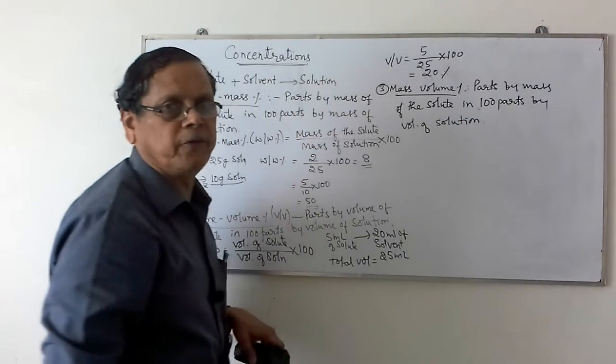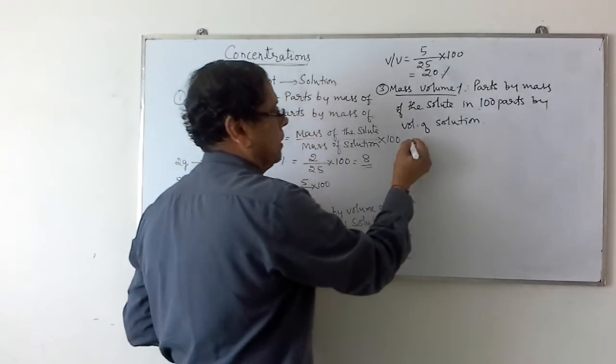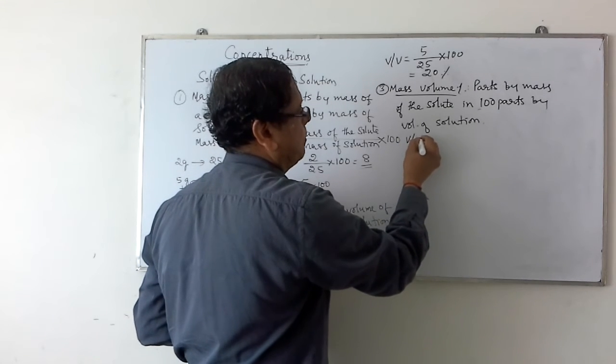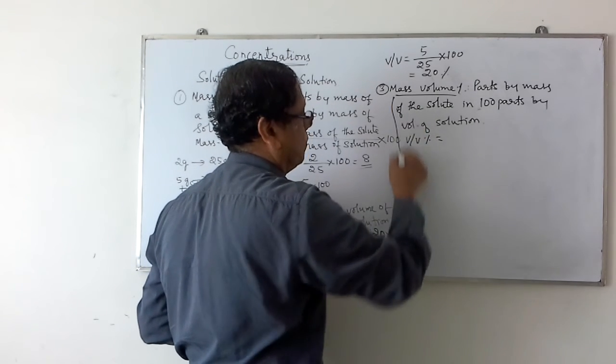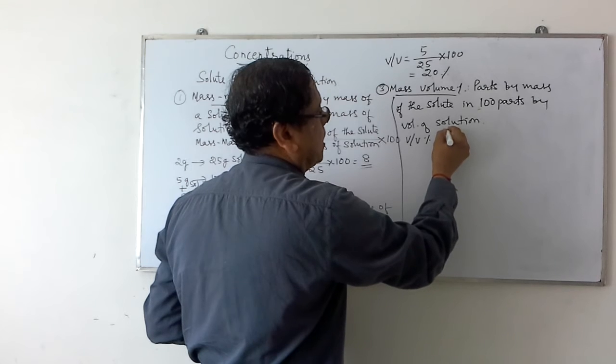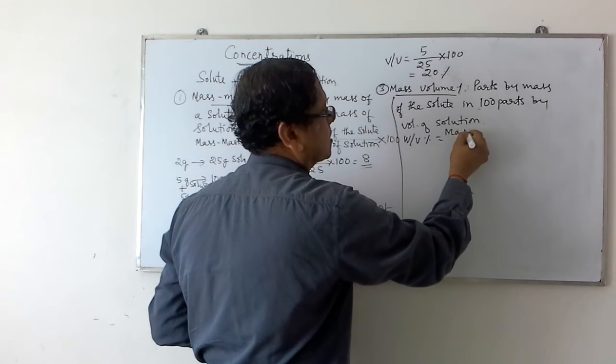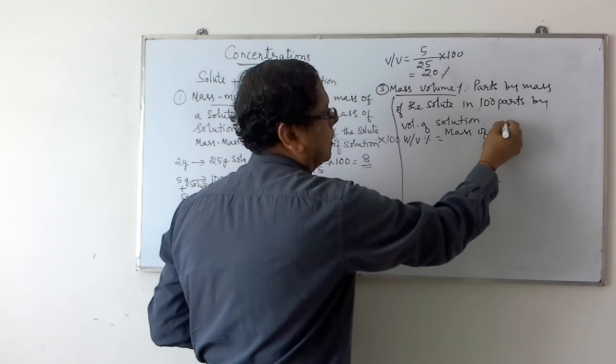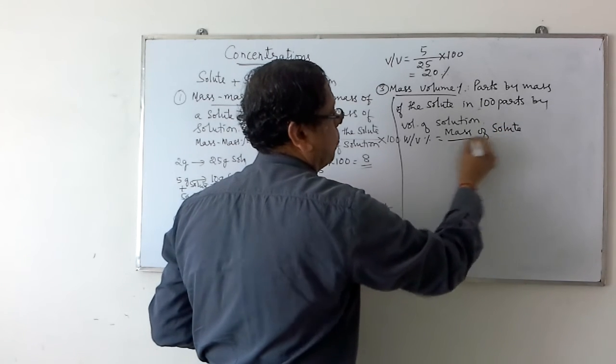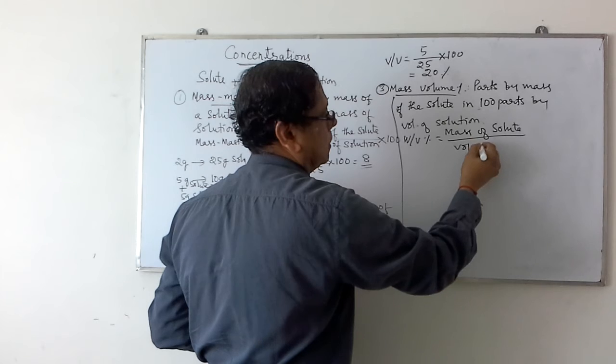This is expressed as W by V percent, equal to mass of solute divided by volume of solution multiplied by 100.